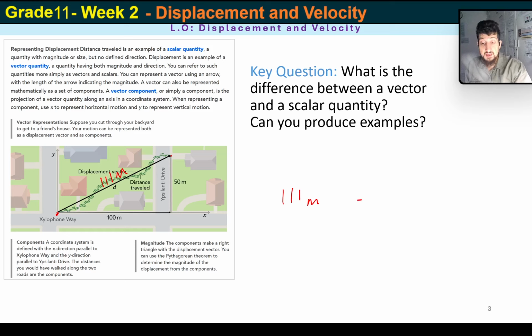If we know the exact angle, that's even better. The exact angle is going to be 50 over 100, which is 0.5. So shift tan 0.5, and that's going to be 26 degrees above the x-axis. You can say that, or you can say northeast.